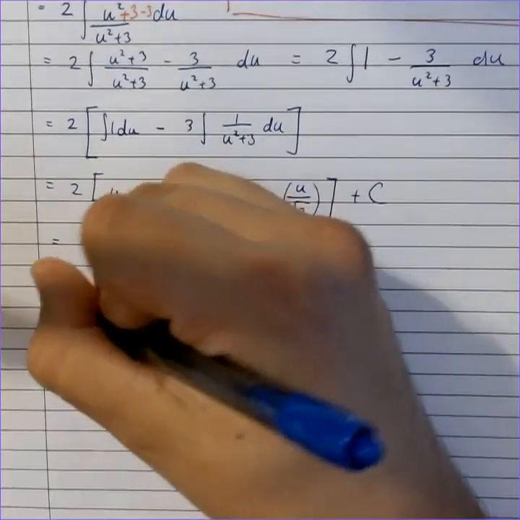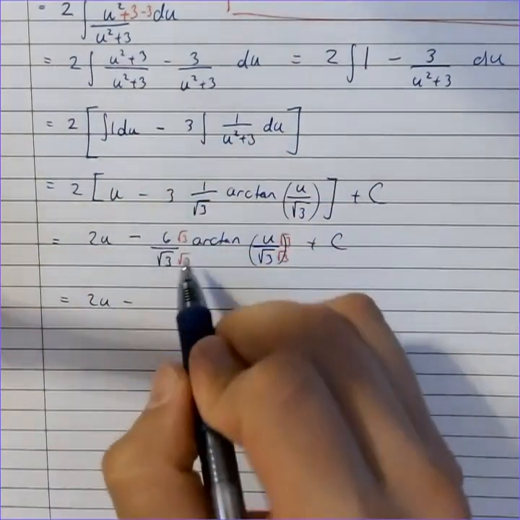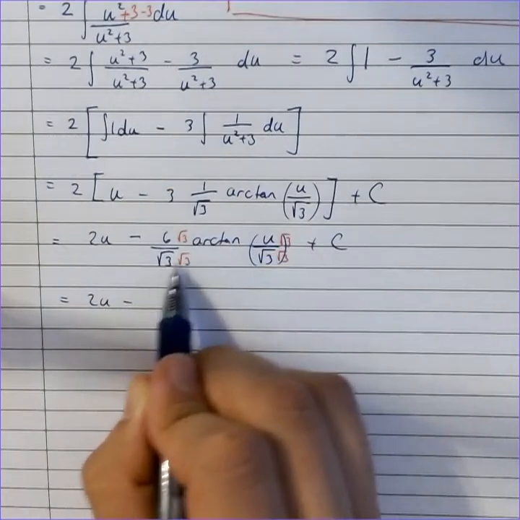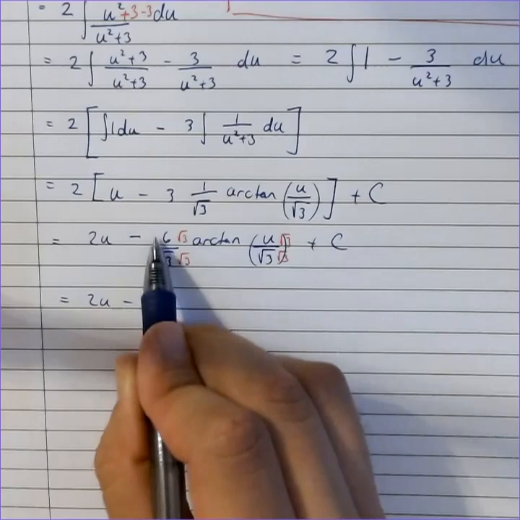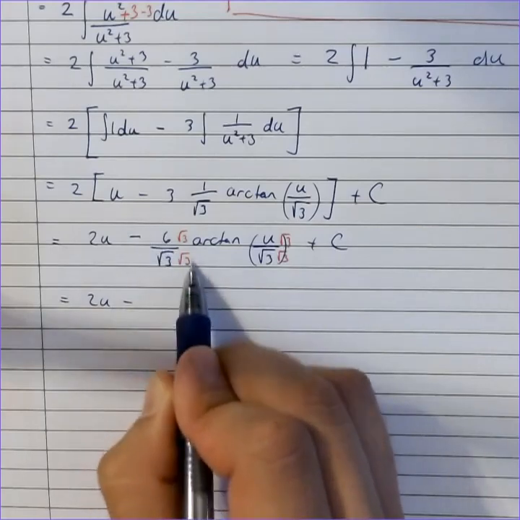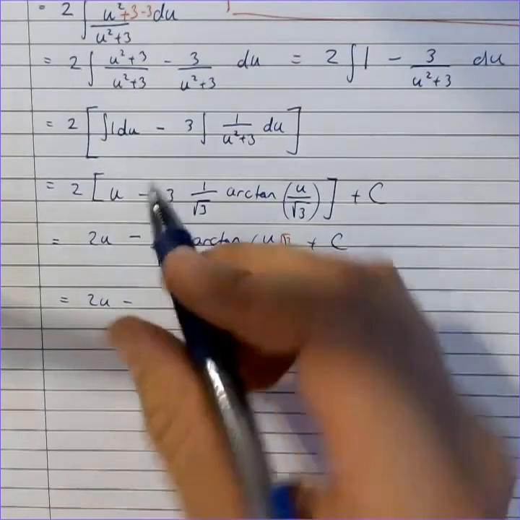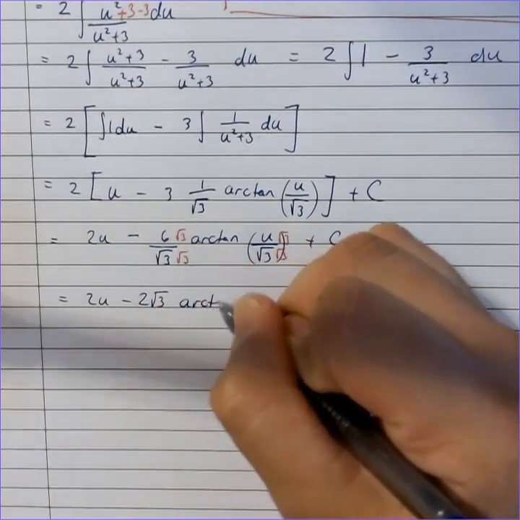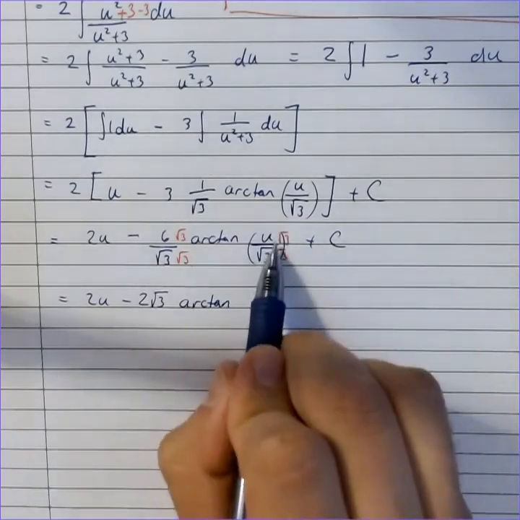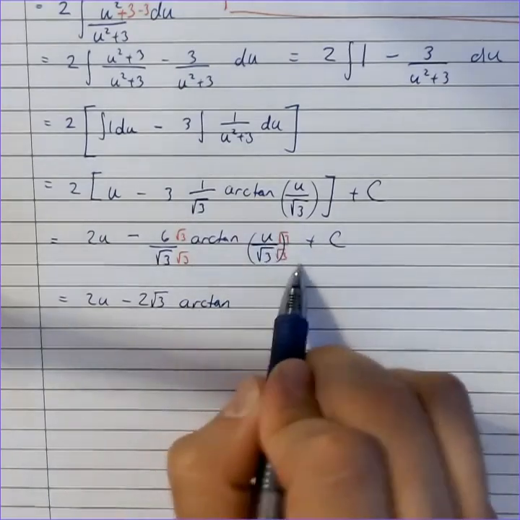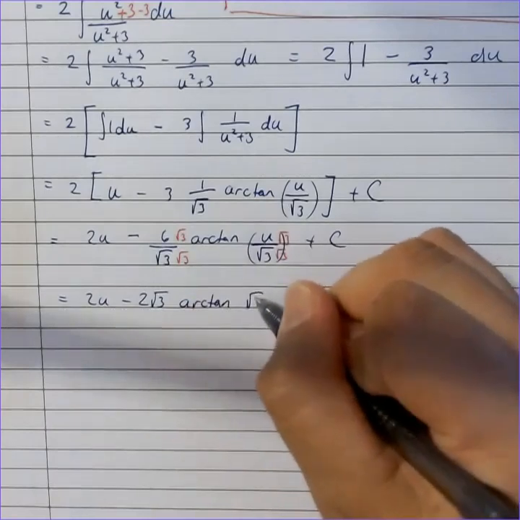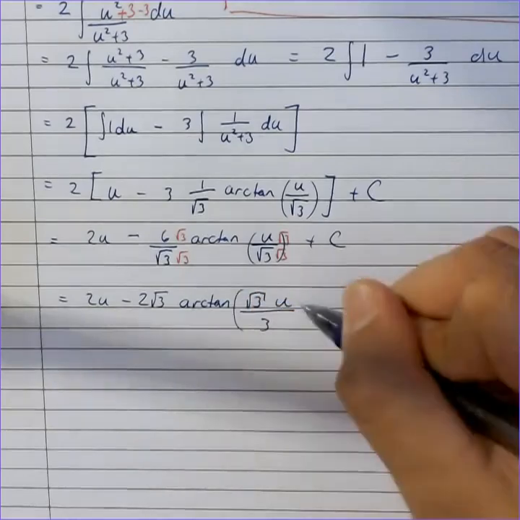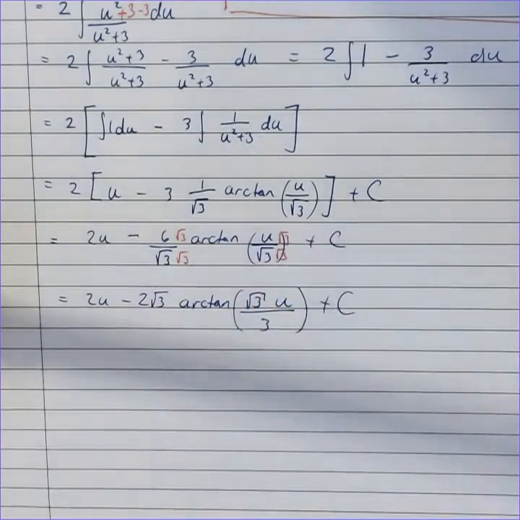So this will give us 2u minus, root 3 times root 3 is just the number 3. 6 divided by 3 is 2. So this gives me 2, and then I have an extra square root of 3 there. So 2 root 3 times the arctangent of root 3 times u over just the number 3, plus a constant of integration.